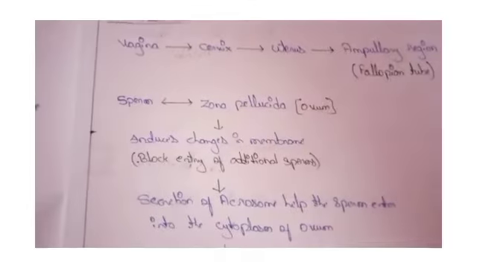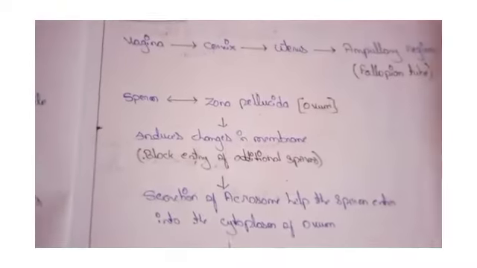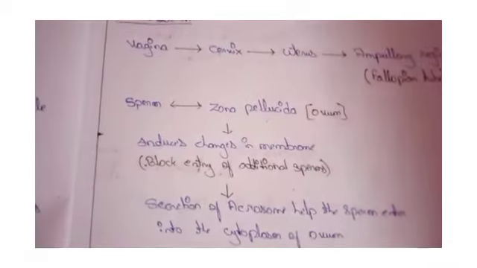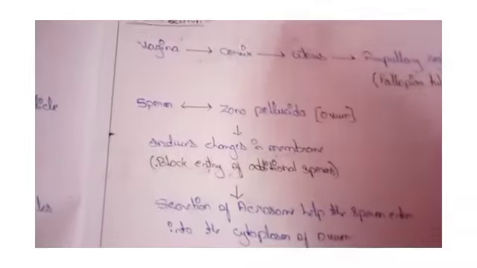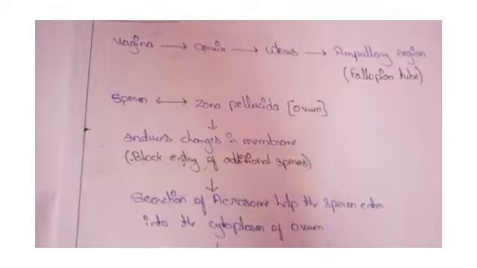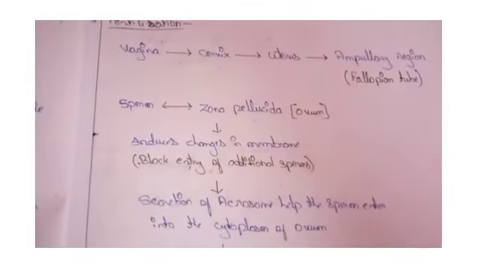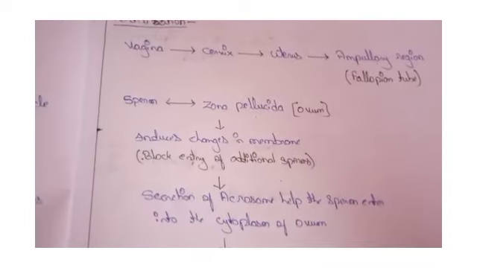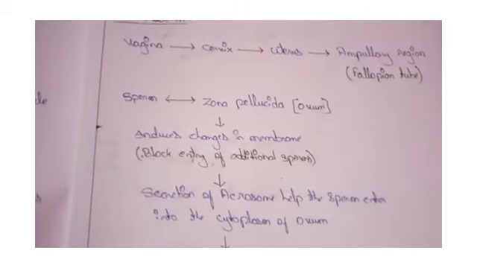Then in the ampullary region, the egg is present. One sperm can fertilize one egg.